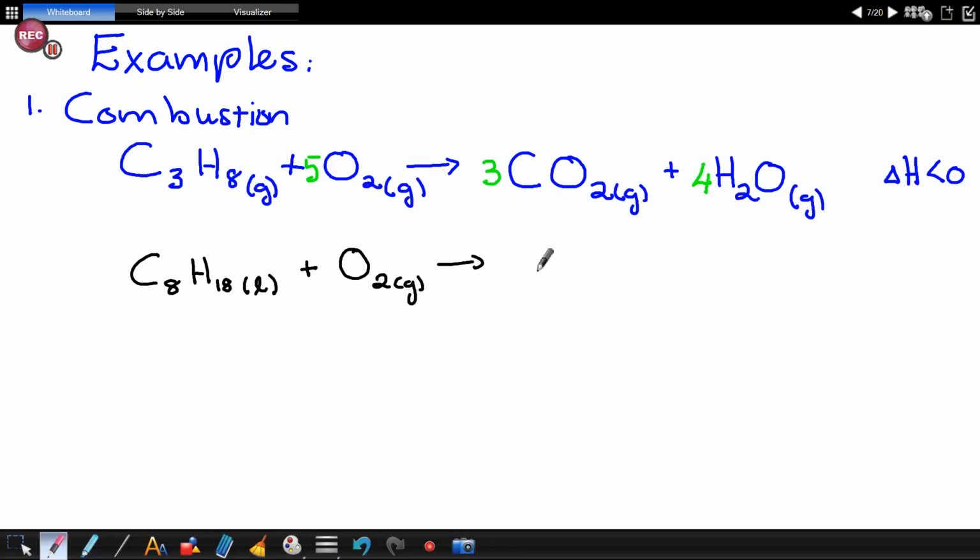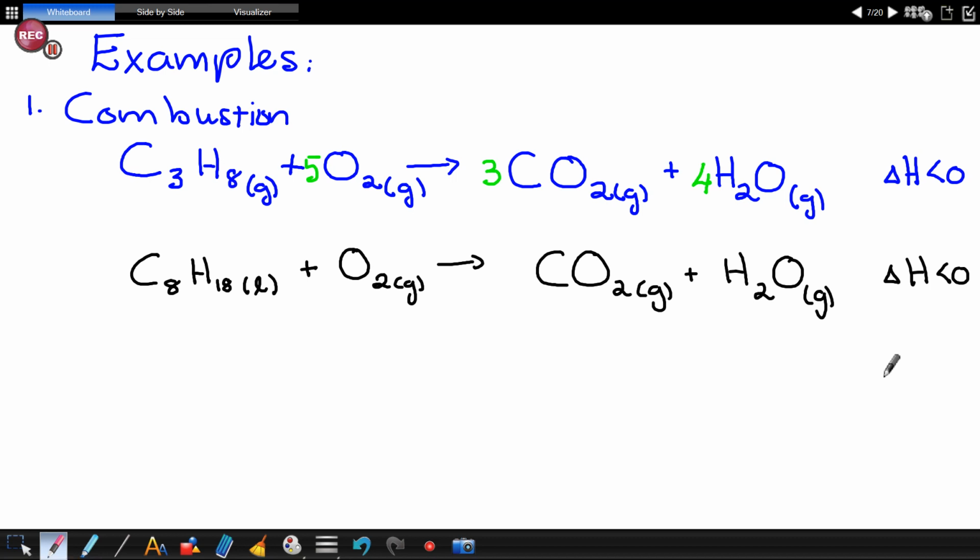If this hydrocarbon combusts in oxygen, it will make carbon dioxide and water vapor, and there'll be a lot of light and heat coming your way, so delta H will be negative. Go for the balancing. Yes, correct me if I'm wrong, the negative indicates the energy we produce. Yes, you're right.